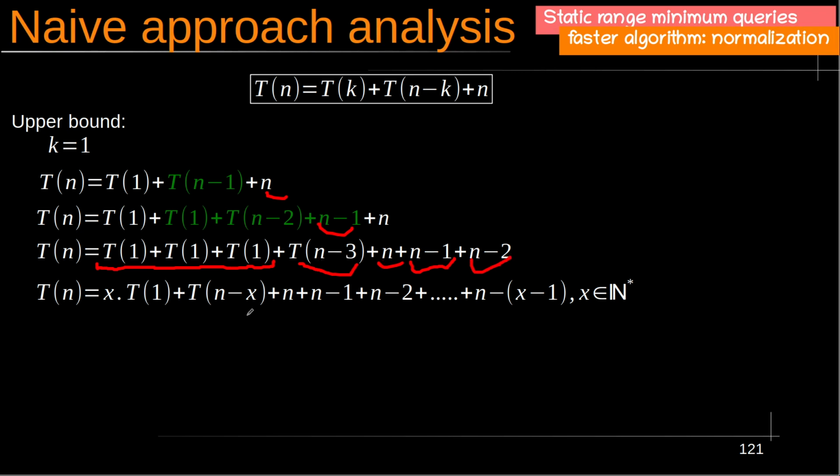If I have x terms in the function, we have x times T of 1 plus T of n minus x plus n, n minus 1, n minus 2, n minus 3, until n minus x minus 1. Because the last term here is n minus 2, and for that the last term has 1, so we can say 1 minus 1, sorry, to get it.